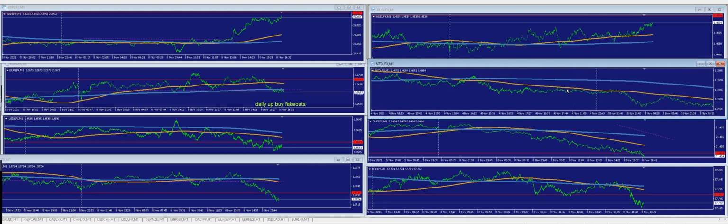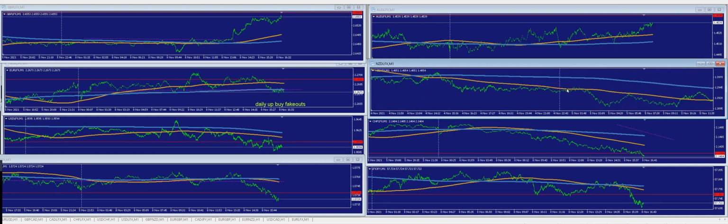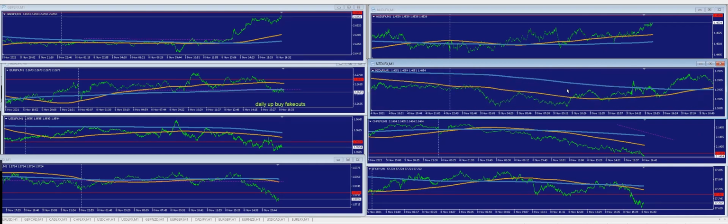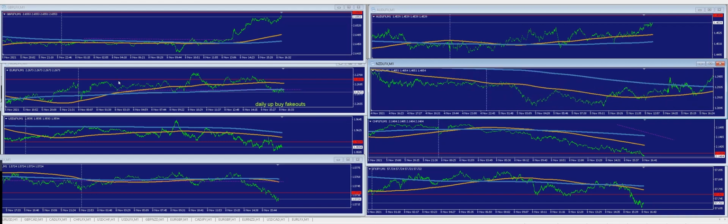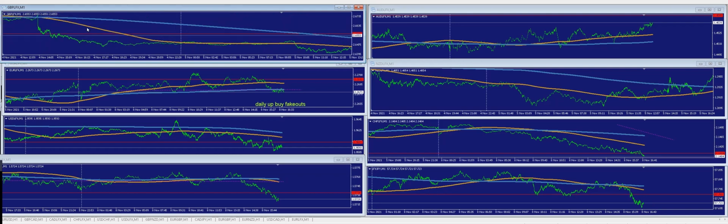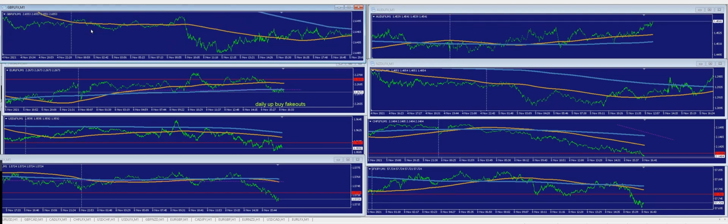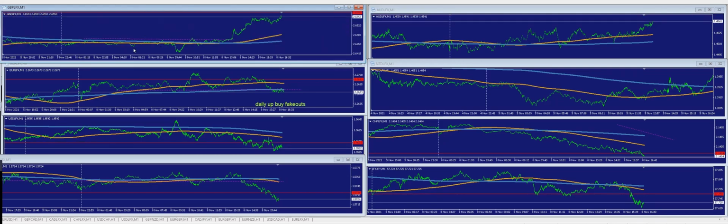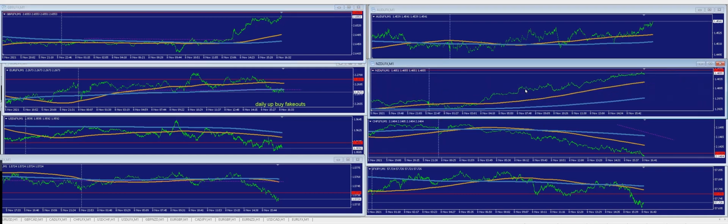What we got is a big down move, okay, here. But if we look at that down move compared to the pound down move at the same time, you can clearly see the pound down move is way more massive. So we're going to go with pound weak, New Zealand strong. If we're wrong on pound and it goes up, we still should be all right because New Zealand should be good.